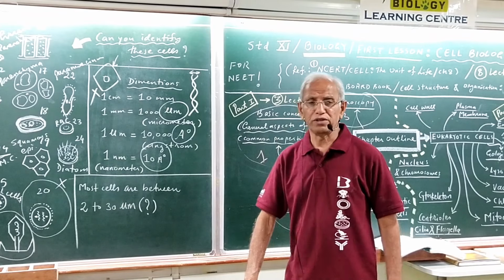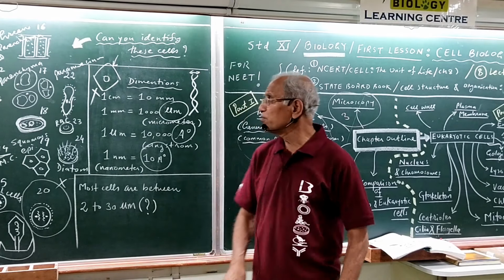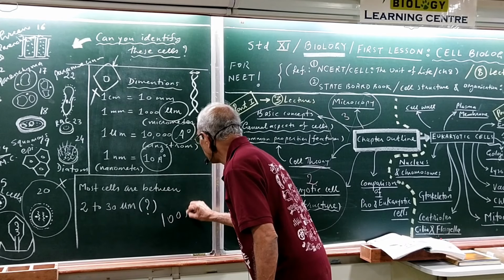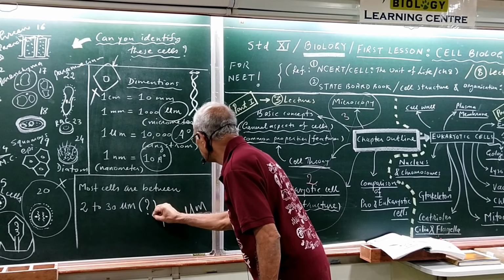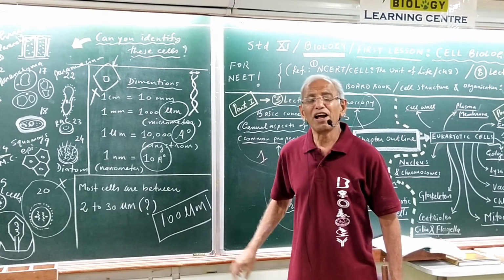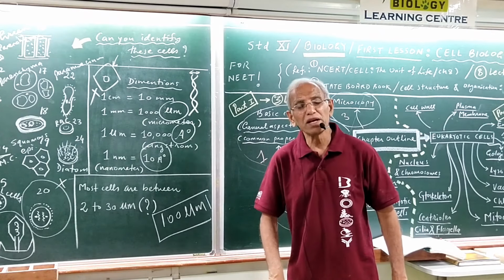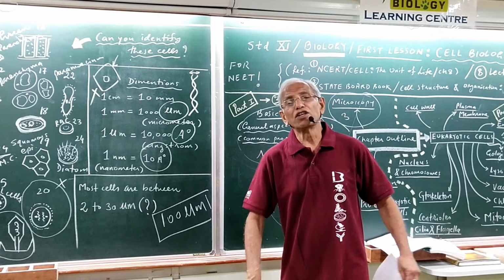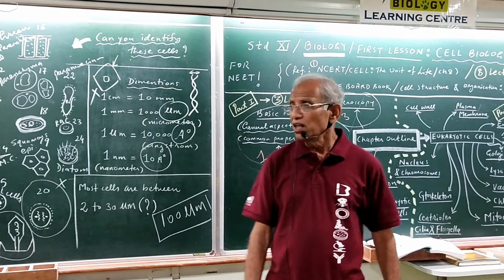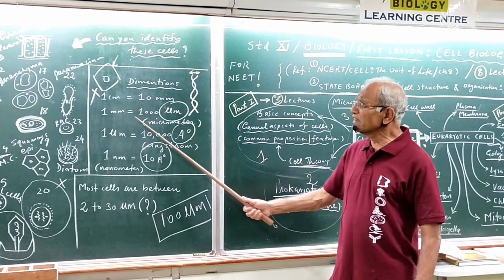You can observe. In fact, 100 microns or 100 micrometers is usually considered to be the limit of human eye. And when we will have a session on microscopy, that time we will talk about resolution, resolving power and magnifying power. We are able to see 1/10 of a millimeter.